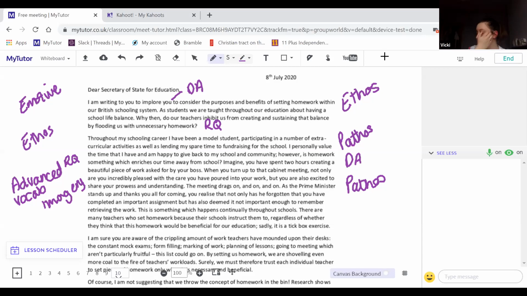So I've got some advanced punctuation in there, a semicolon, and I'm using my ethos and pathos together to say, why can't we allow teachers to do it on a case-by-case basis to make sure that when they do give homework it's meaningful, rather than thinking, oh, it's Friday, I've got to set homework today.